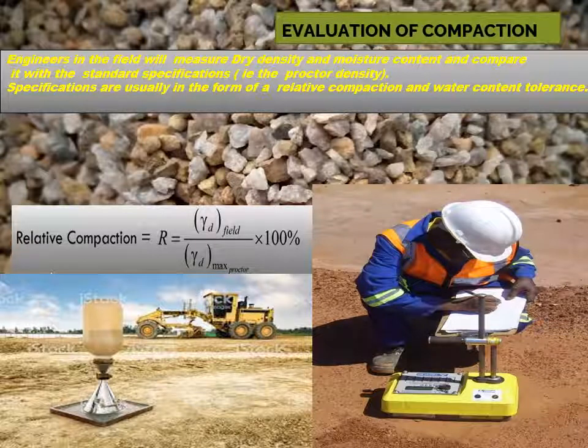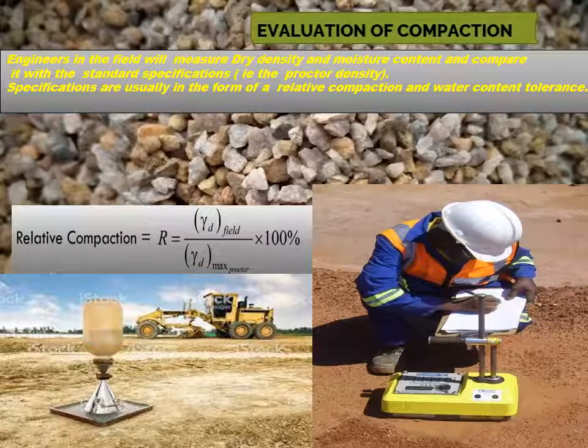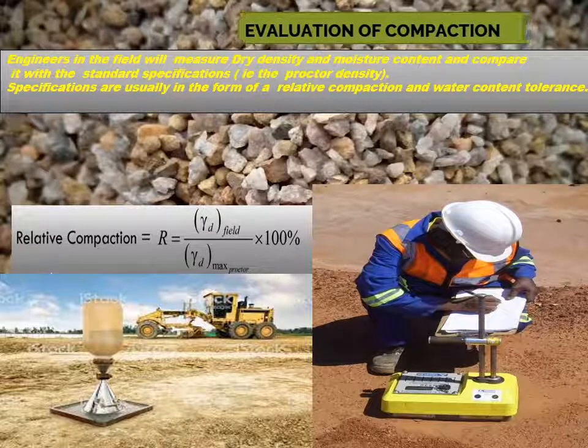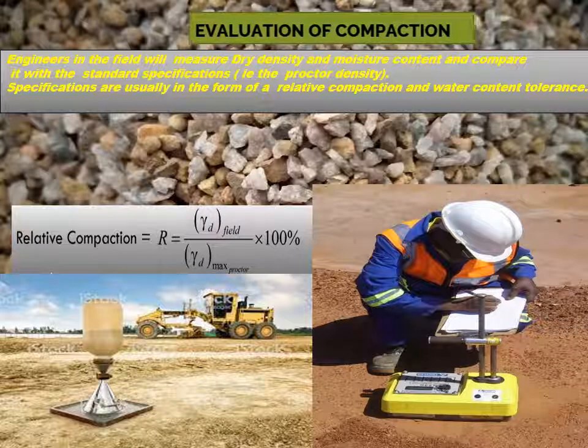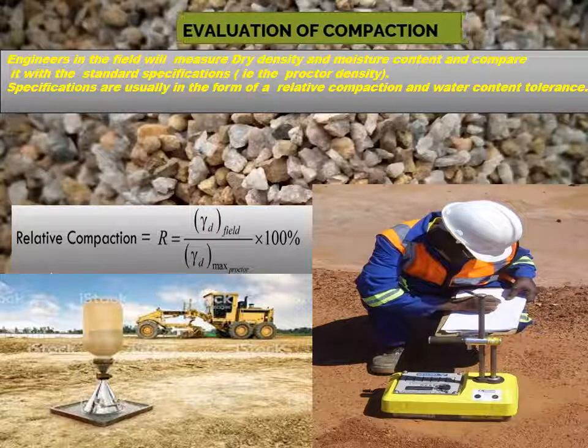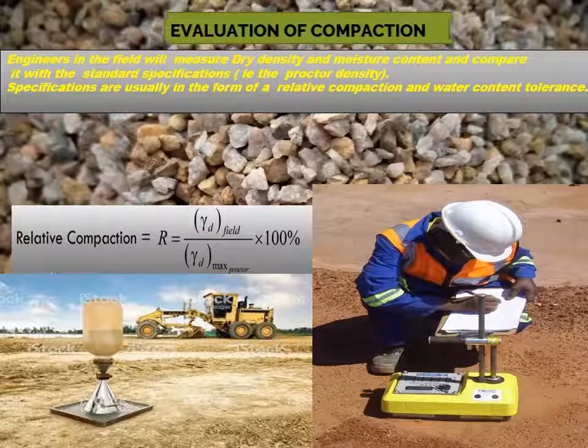Your job as an engineer at the site is to observe the work of a contractor who is performing soil compaction and placing fill material on the site. So how does the contractor know that he or she is doing the right work, or how will the engineer know that the contractor's work is as per the specifications? That's why we need to evaluate the compaction done.